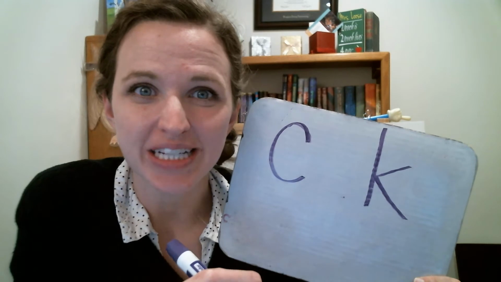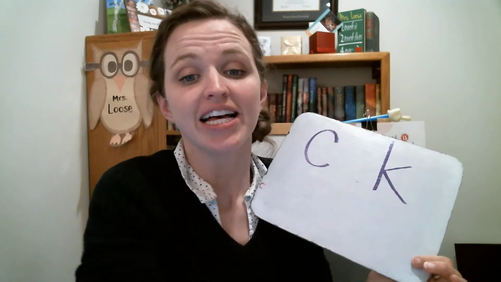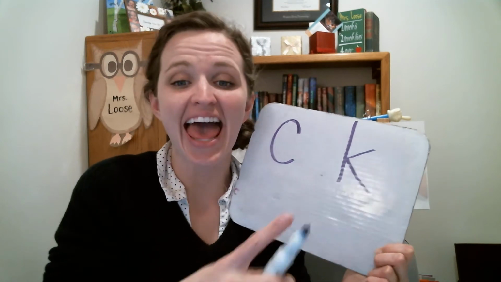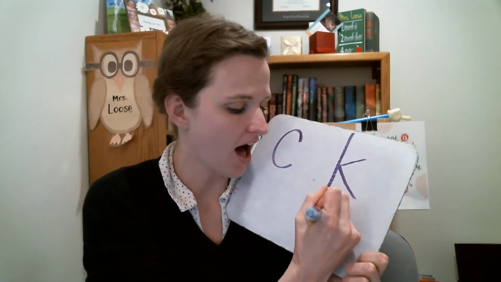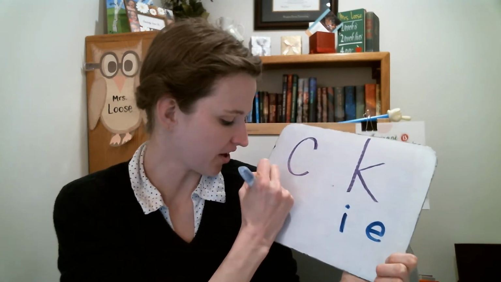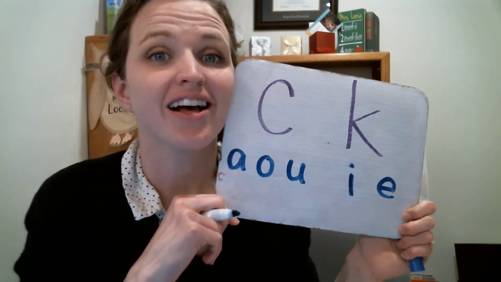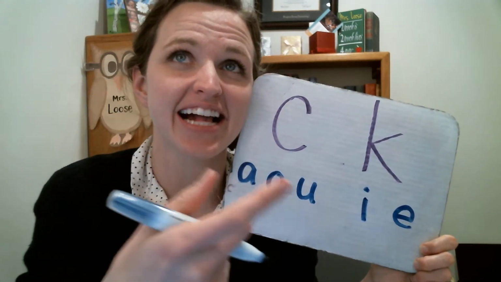What you need to do is listen to the sound that's after it. What we say is K takes I and E. C takes the other 3. When you hear the k sound, listen to the next sound.